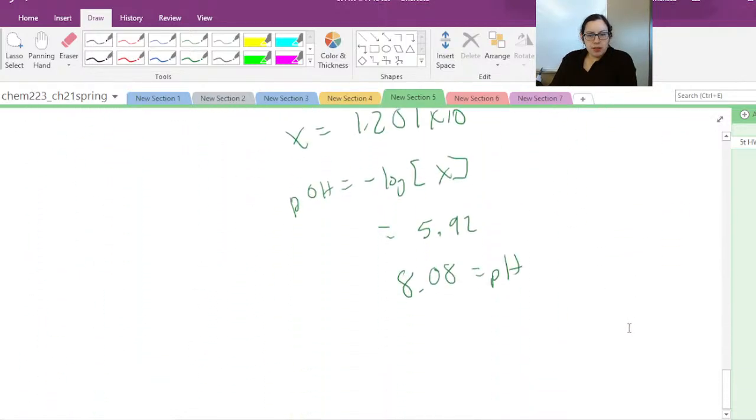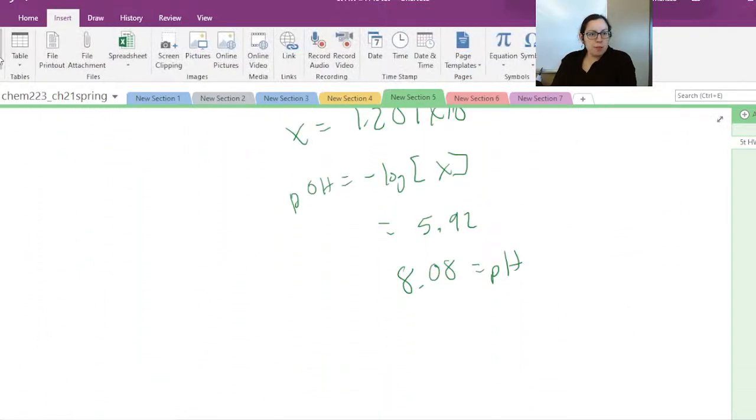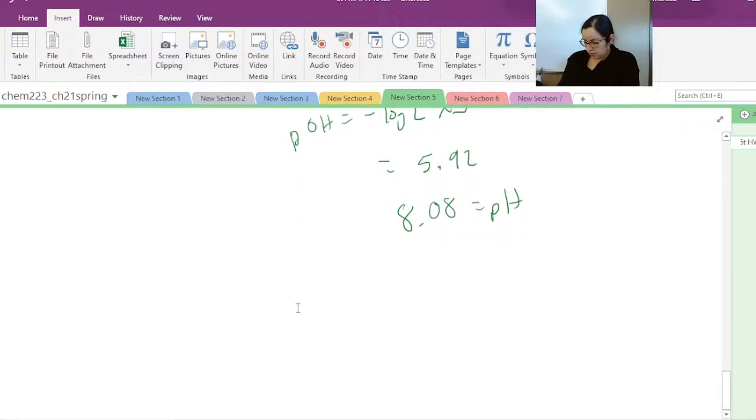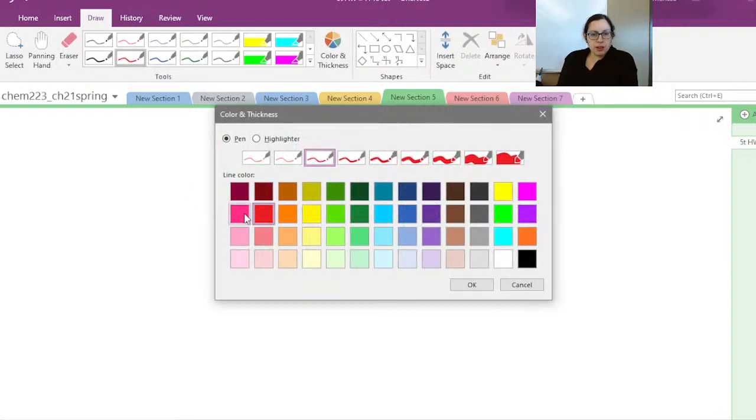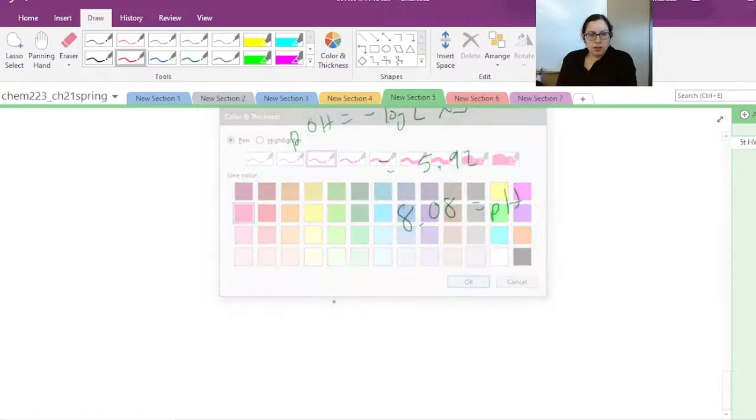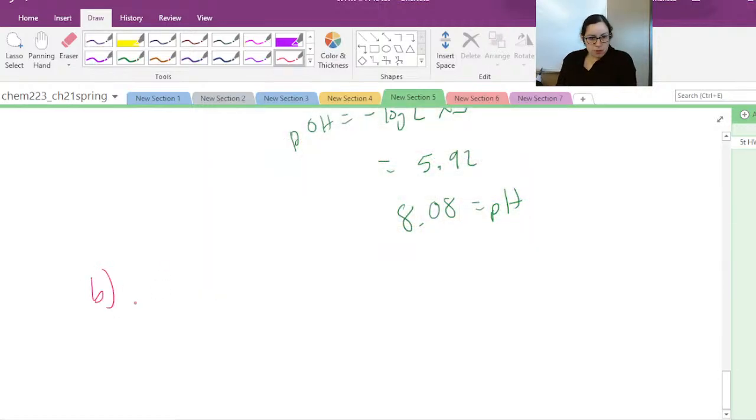All right, so let's see how we're progressing on part B here. And so as usual, start by just setting up our reaction, what we're doing.